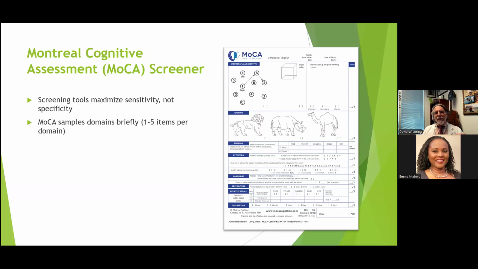And importantly, the factor analytic studies that have been performed over the years on the MoCA demonstrate that the labels that are commonly used really aren't all that accurate, with executive function and memory being the factors that generally pop up in those studies.